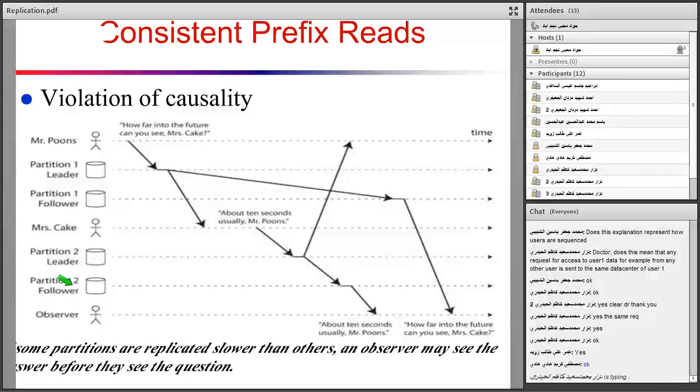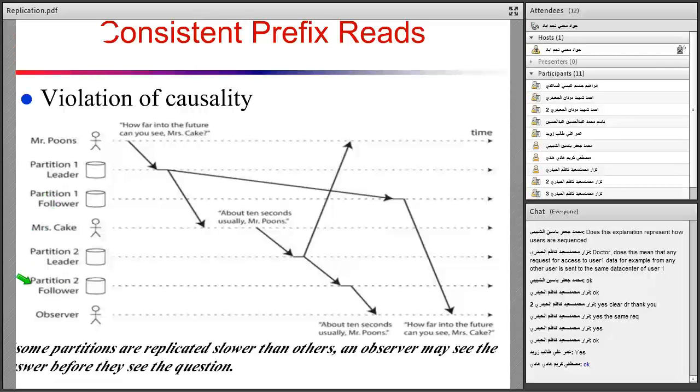I told you that because of the huge data, the data is separated into two partitions, partition 1 and partition 2.